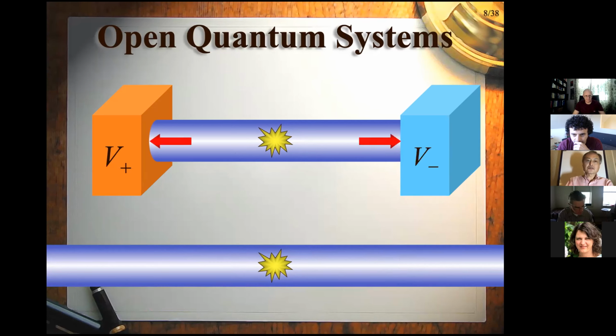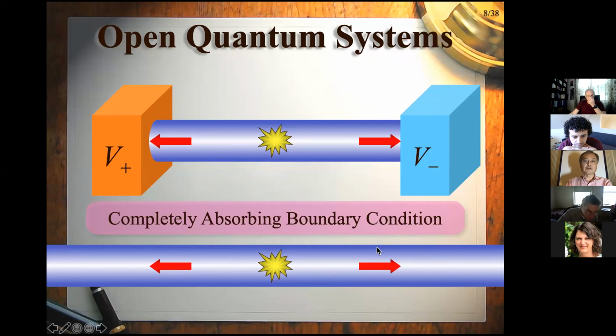That's because in this situation, electrons that leave the quantum scatterer and come into the electrodes never return to the quantum scatterer in a coherent way. And in this setup too, electrons that once leave this quantum scatterer never come back. That's what is common to these two setups, which I term the completely absorbing boundary condition.